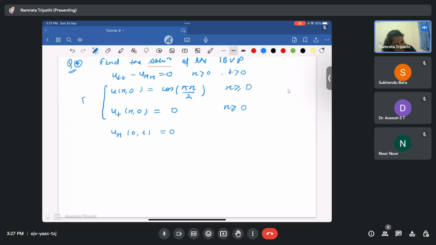So this is the initial condition and this is the boundary condition. Now please try to solve and give me the answer.